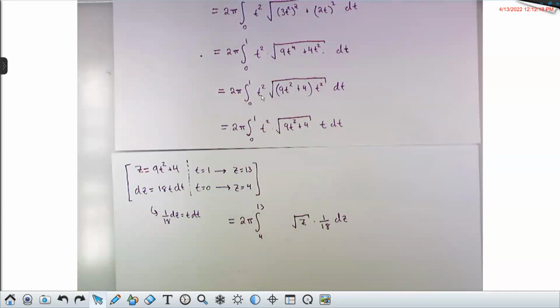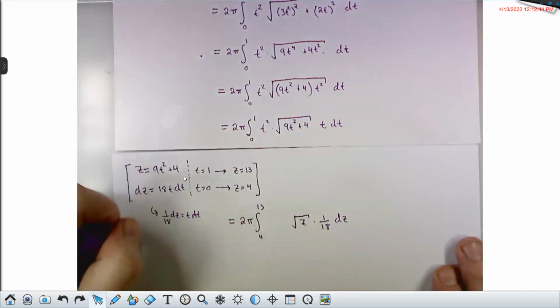And the question is, what do I do with this t squared here? This piece is still left over. This becomes the square root of z. This becomes 1/18 dz. What can I do with this? Excellent. I go back to my substitution here, and I solve it for t, or for t squared.